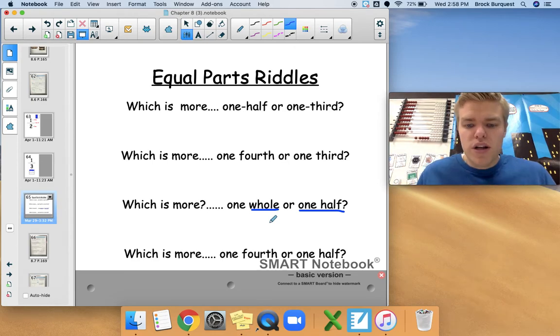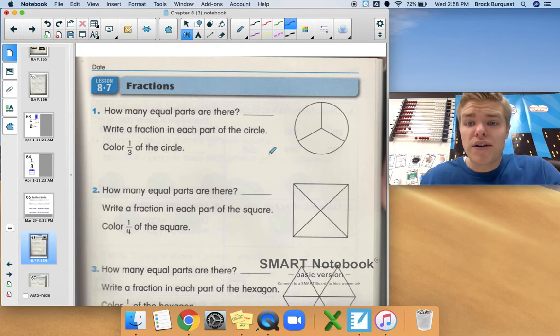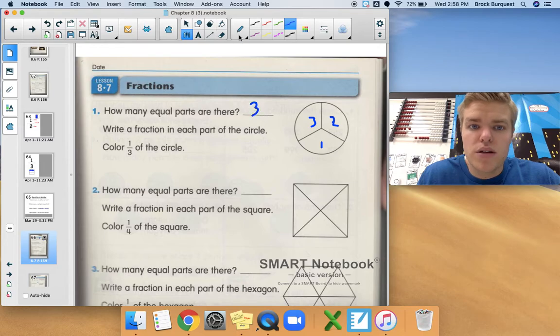Okay? We're going to look at this page together, and that's the last thing we're going to do today. So this question says, how many equal parts are there? Let's look at the circle. Now to find the equal parts, you need to count how many parts there are. I see 1, 2, whoopsies, 2, 3. So there are 3 equal parts.